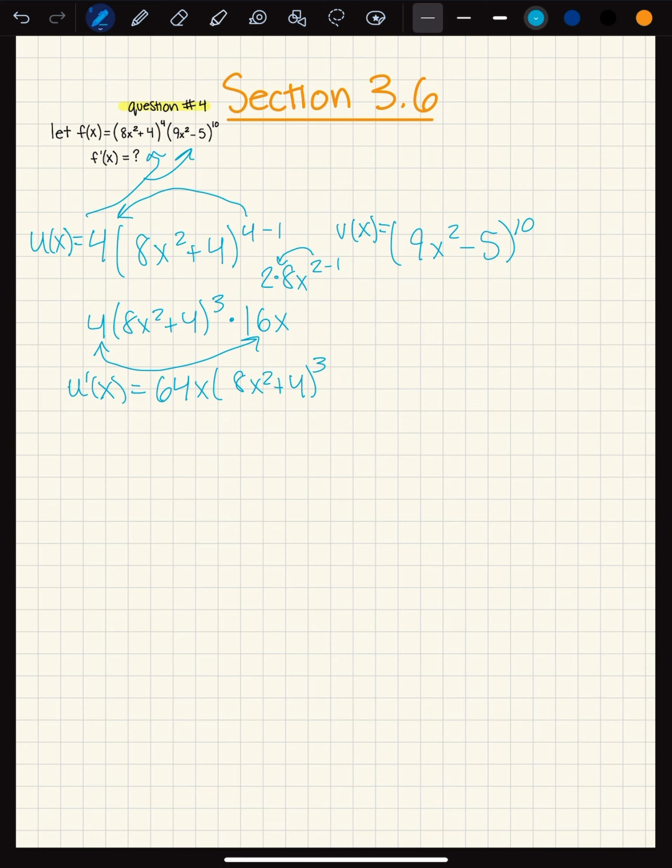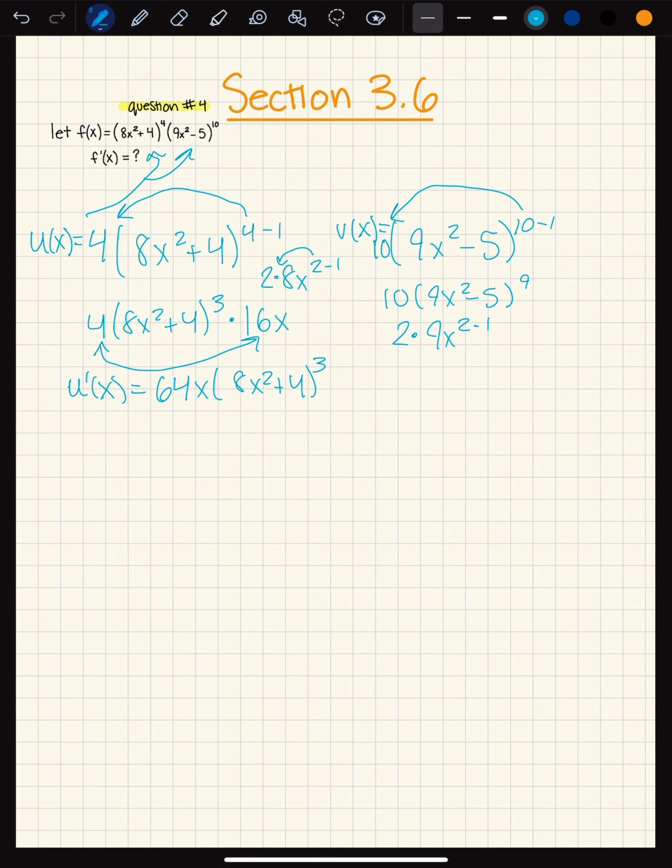So we're just going to repeat this to find v prime of x. First we do the outer, we would move the 10 to the front and subtract 1. So that's the derivative of the outer function, and now we do the inside. So the power and constant rule, the constant -5 would just be 0. So 2 times 9, and then subtract 1.